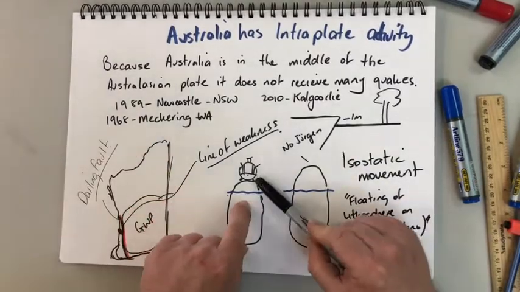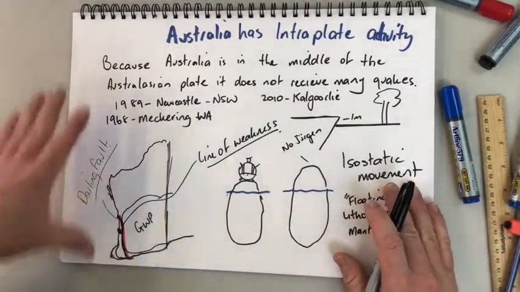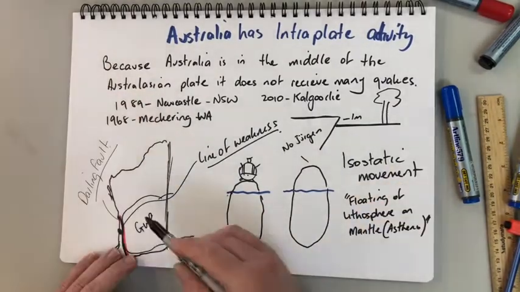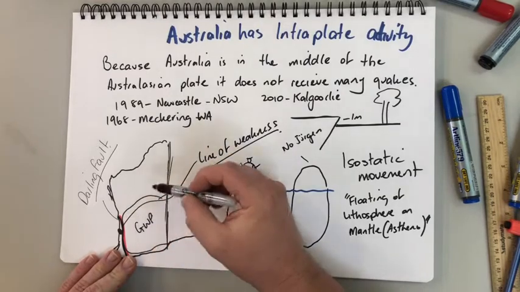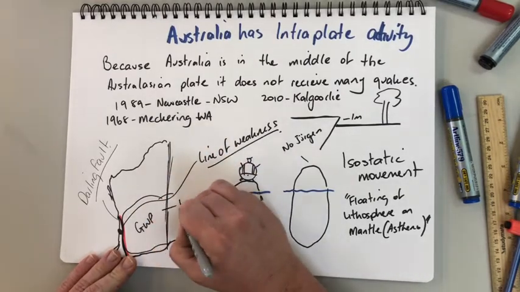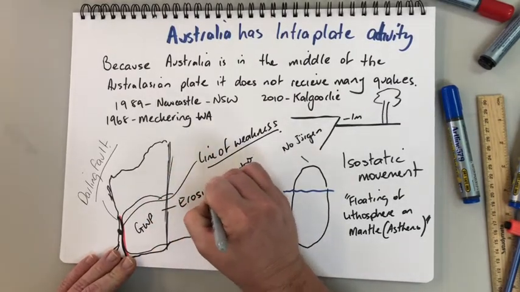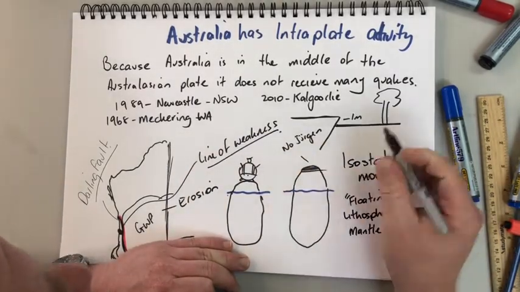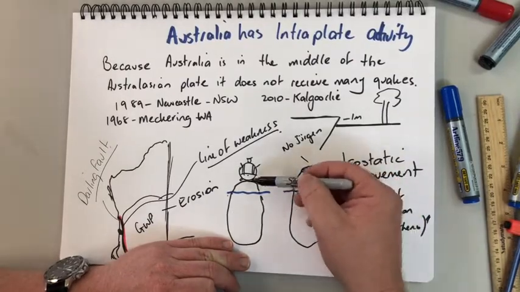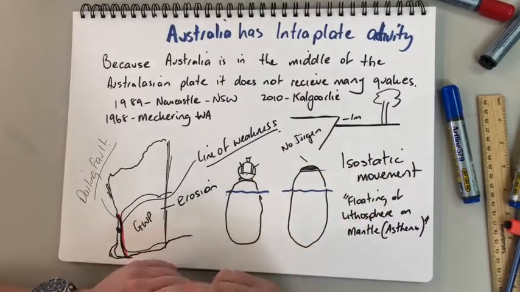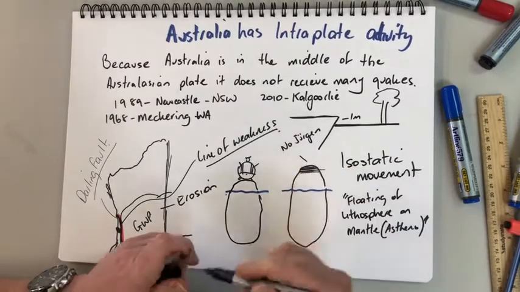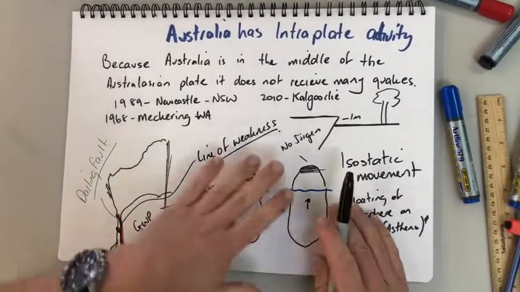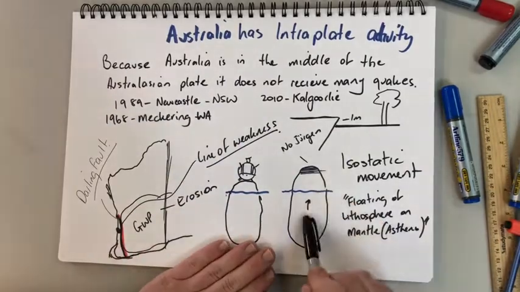If you think about Australia as being quite old, over time a lot of this landform is eroding. And what it's doing is removing some of the top of this iceberg, and then the iceberg would want to bob up, just as if we remove Jürgen from the iceberg, it bobs up.